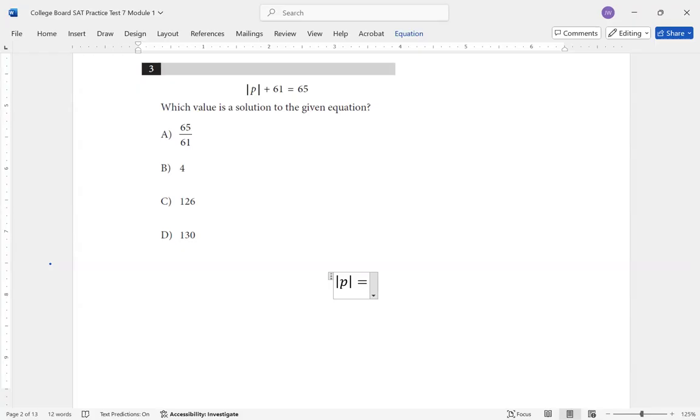So if we're going to solve this equation, we'd have to subtract 61 from both sides of that equation. When I subtract 61, I get absolute value of P is equal to 4. And then absolute value means that P could have been a 4 or P could have been a negative 4.